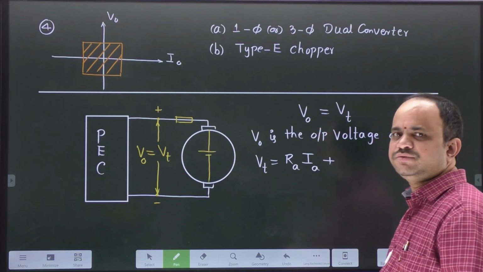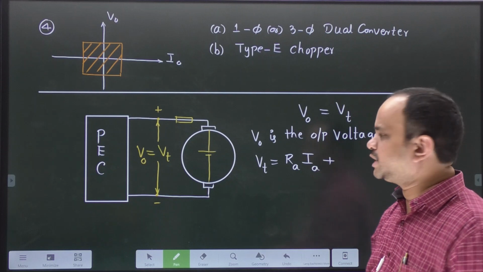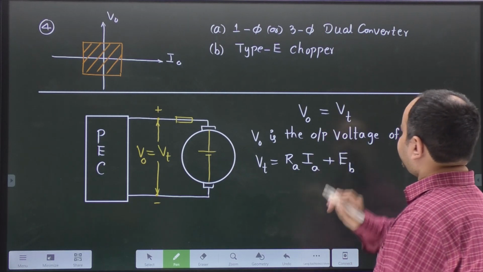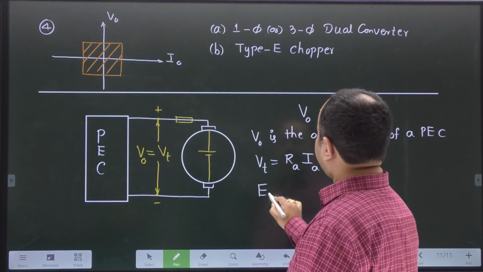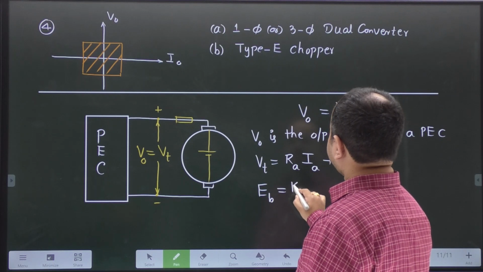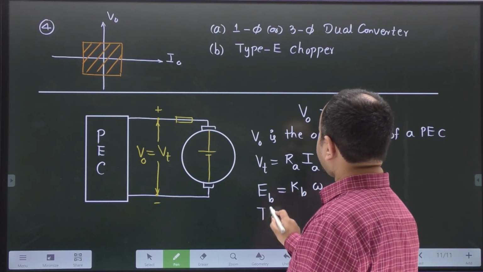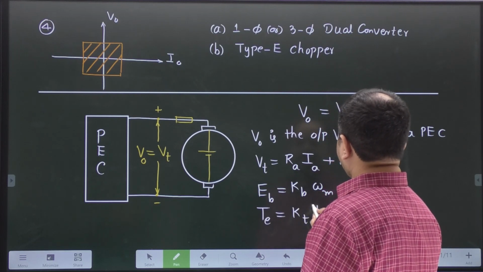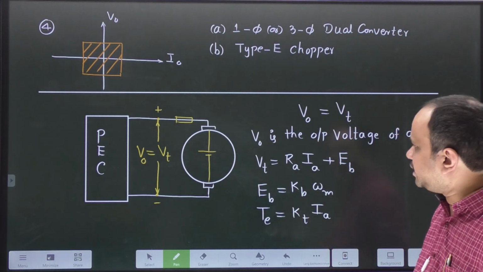Most of the cases it will be mentioned that armature current is ripple free or continuous conduction, plus back EMF, where back EMF is expressed as KB into omega m. Electromagnetic torque can be expressed as KT multiplied with IA.